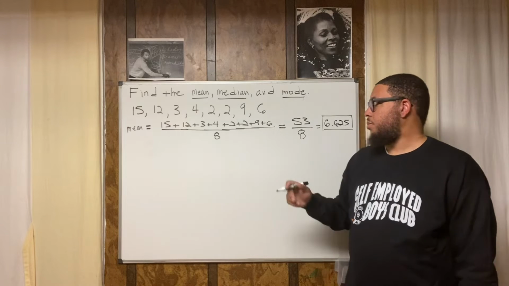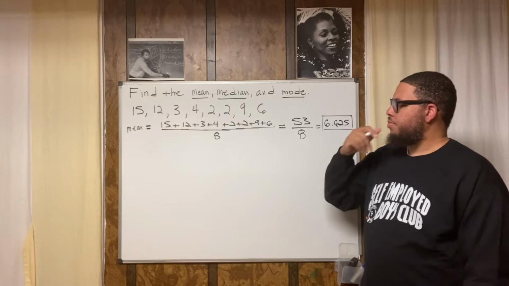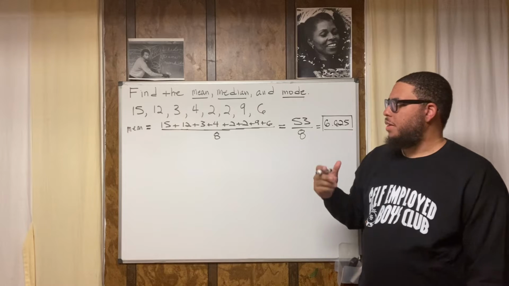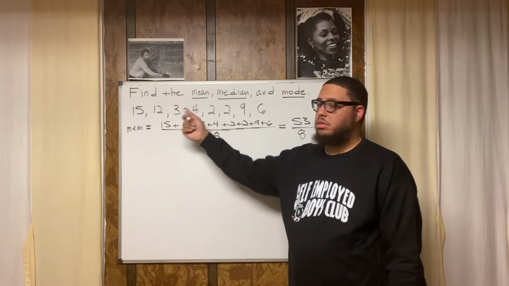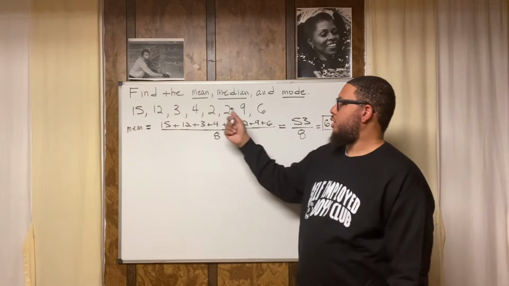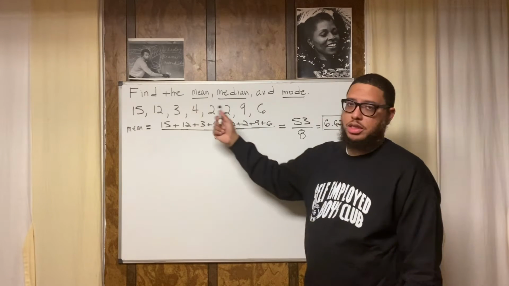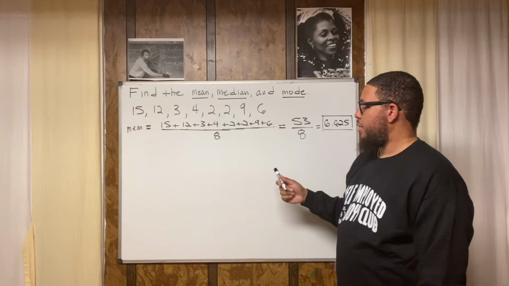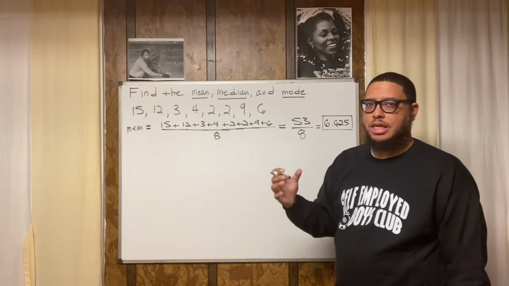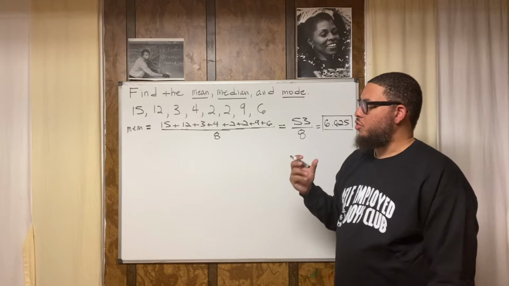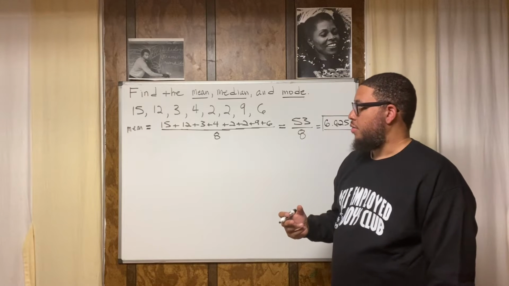The mean is a middle value, but it may not be included within the data. There's no 6.625 value here. There's a 6 here, but there's no 6.625. But the mean is a representation of what the middle value would be.